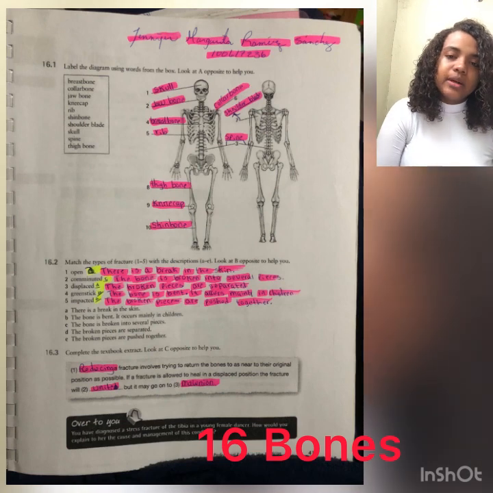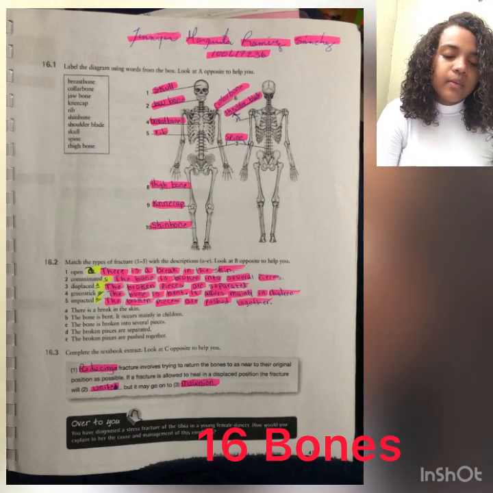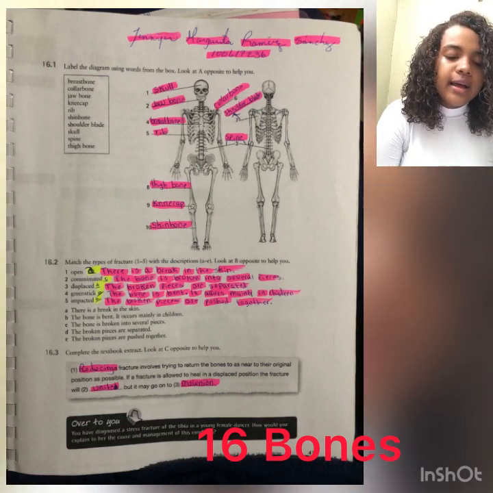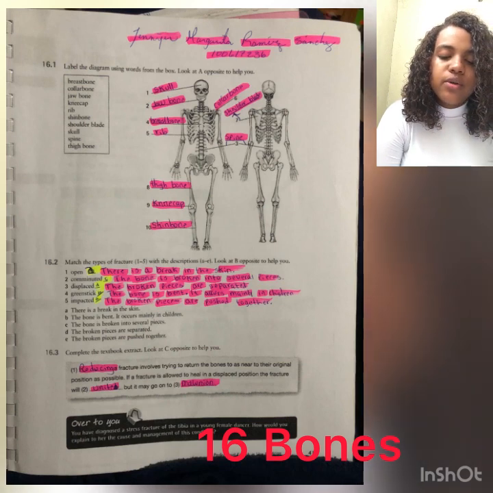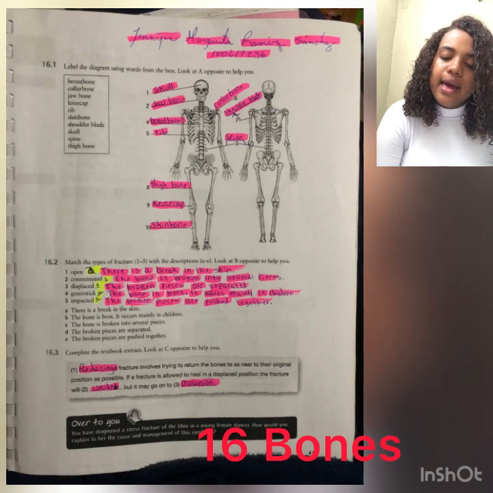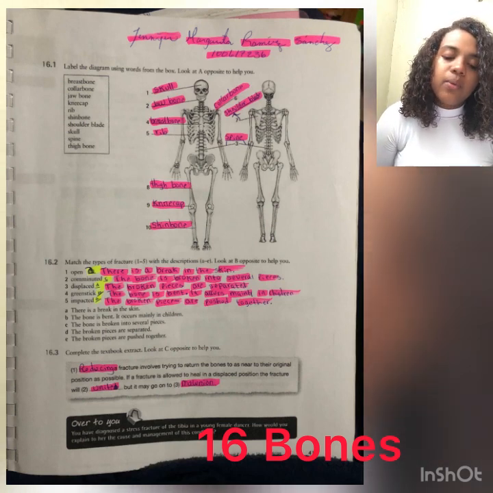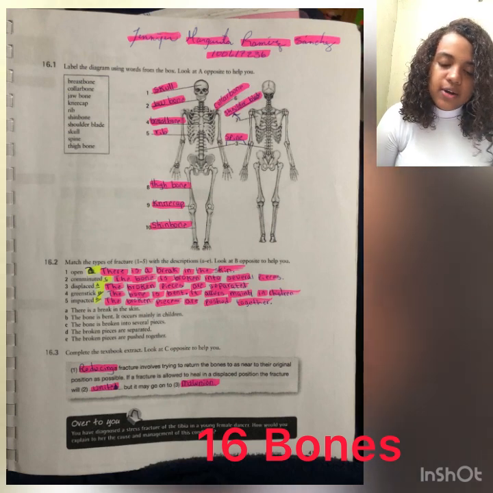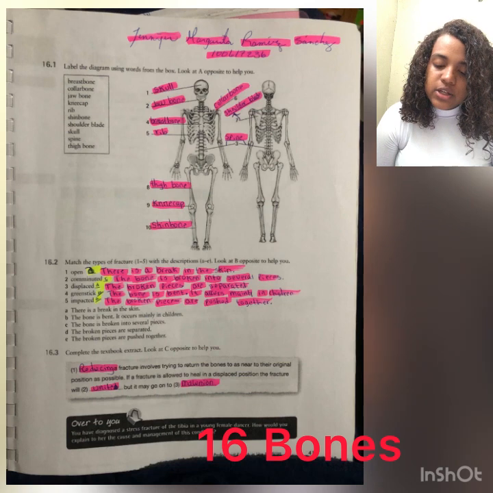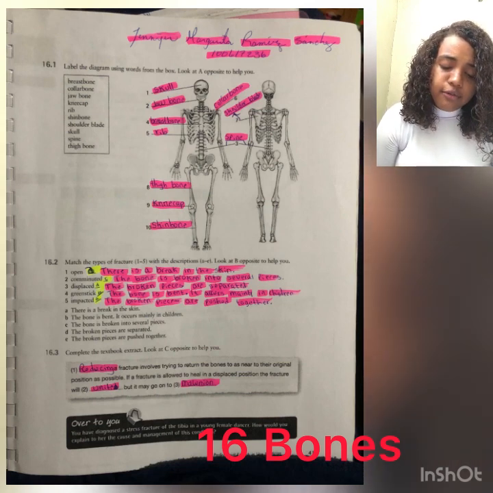Chapter number 16. Label the diagram using words from the box. Look at A opposite to help you. One skull. Two joint bone. Three spine. Four breastbone.